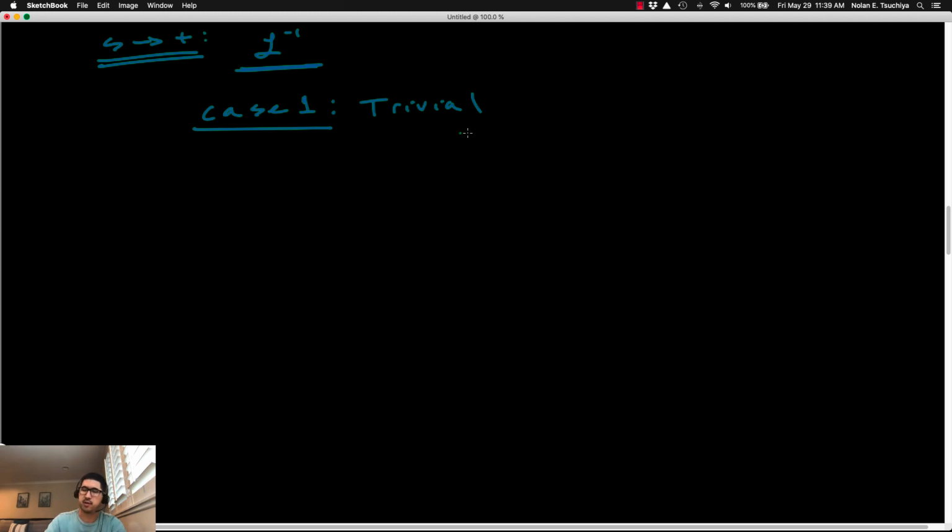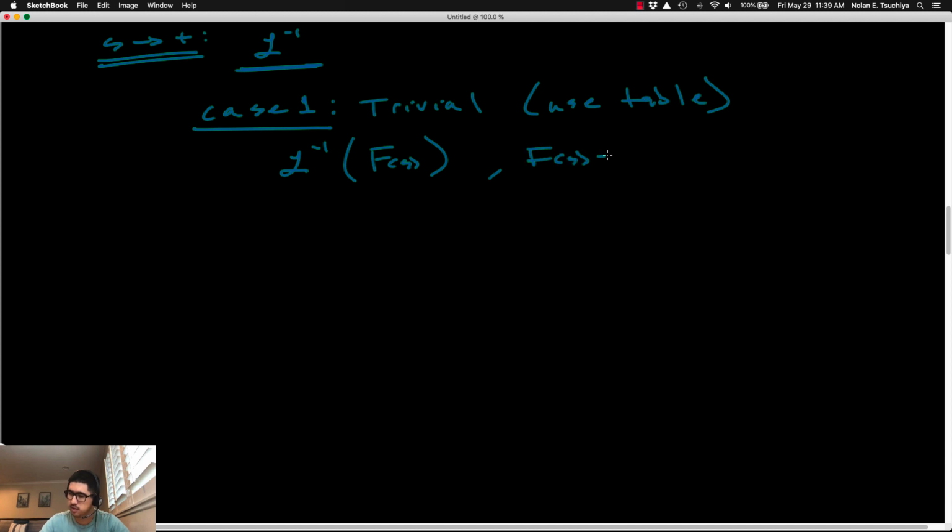The reason I'm calling this trivial is because the step for taking the inverse Laplace of a case 1 scenario is just to use the Laplace table. So if I ask you to take the inverse Laplace of, let's say, f of s, where f of s is equal to 1 over s plus 2, I'm basically asking you to find what is little f of t.